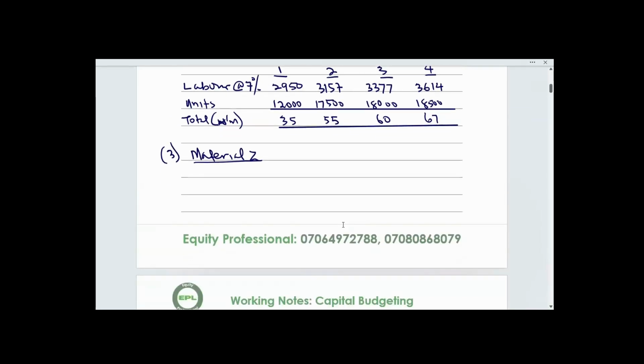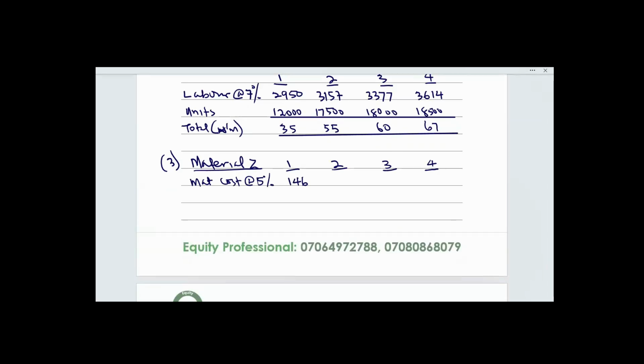This is for year 1, year 2, year 3, then year 4. The material cost at 5%. The first year price is 146. This 146 will increase by 5% per annum.